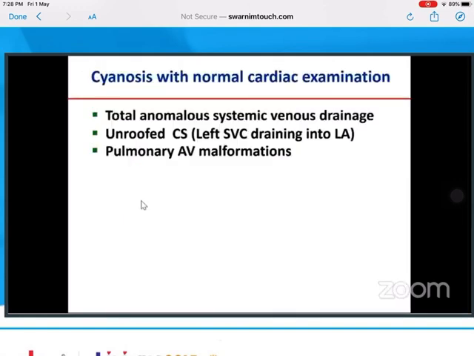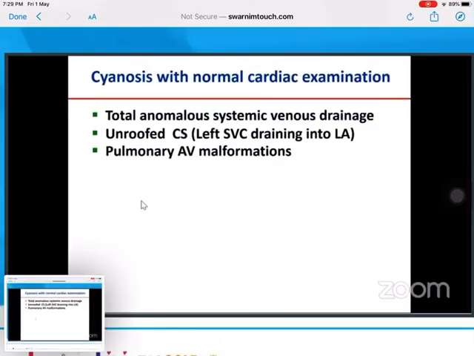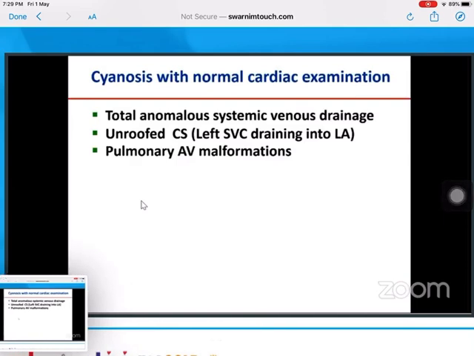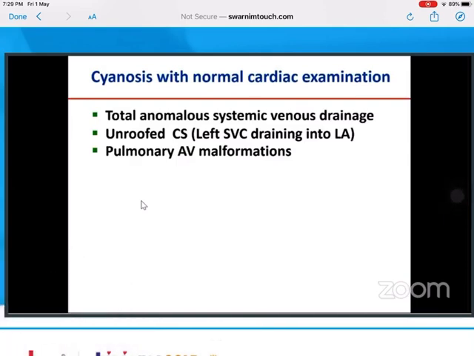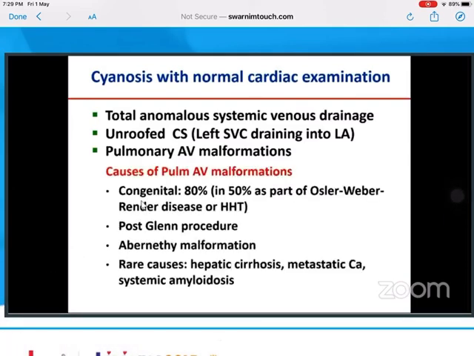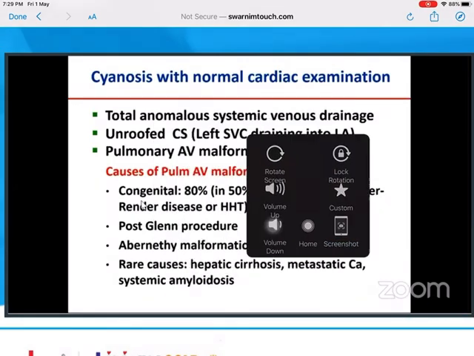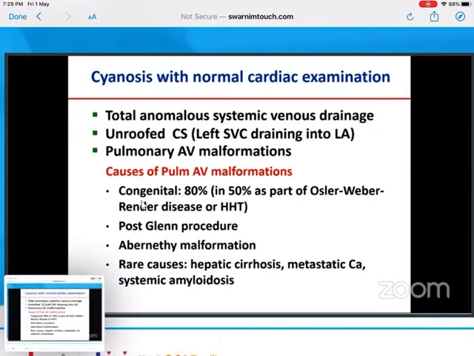I think finally, cyanosis with absolutely normal cardiac examination. I think we all know the causes: total anomalous systemic venous drainage, unroofed coronary sinus, left SVC draining into LA, and pulmonary AV malformation. So examination is normal. ECG may also be normal, but the child is blue. And I think the diagnosis is quite easy to do with a contrast echo.